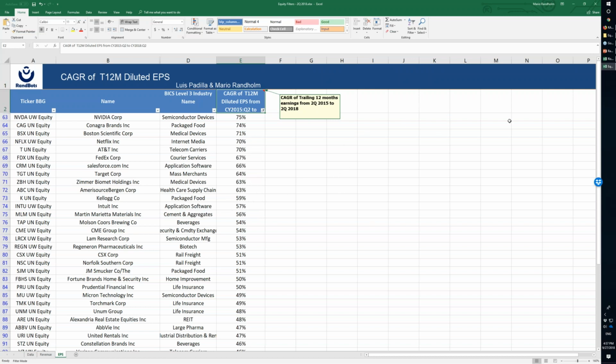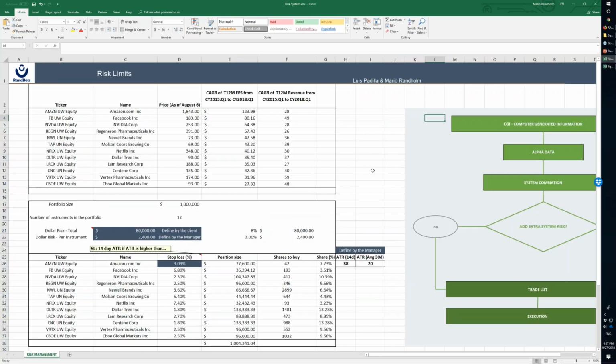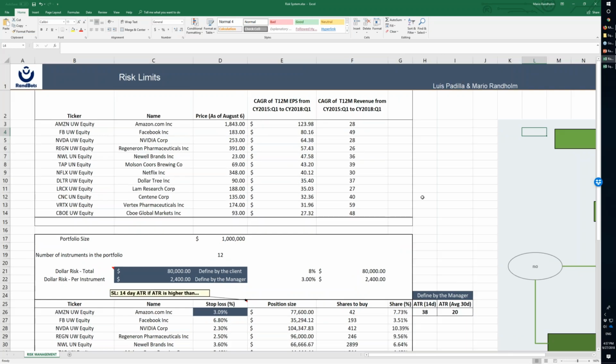I have no issues. This is what I think is more important. This is when the clients say, you know, I have a $1 million investment. I want to concentrate a portfolio of 12 stocks. I'm not willing to lose more than 80K. So this is 8%.